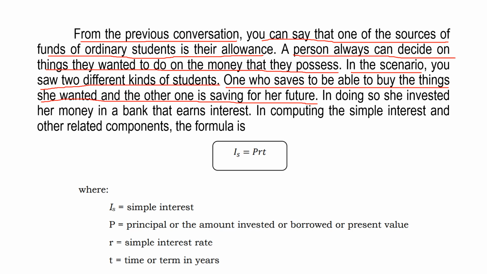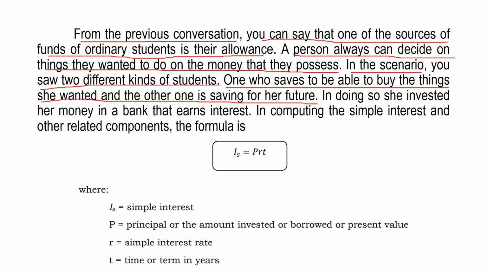We are working, we are studying at the present because we want to change whatever we have at the moment, because we always want development and improvement in our life. That's why we need to save first for our future before buying our wants.